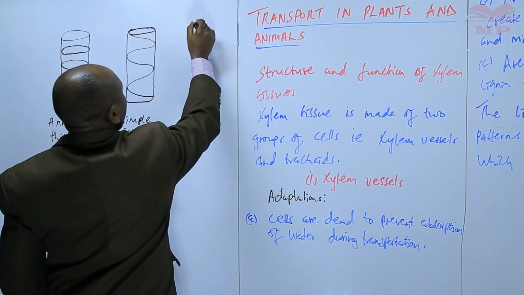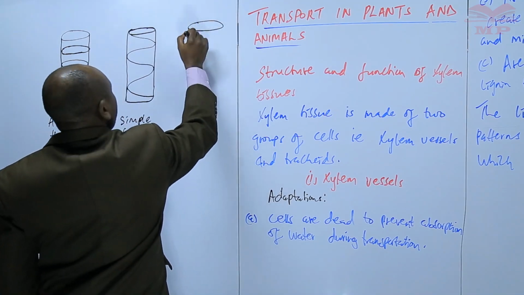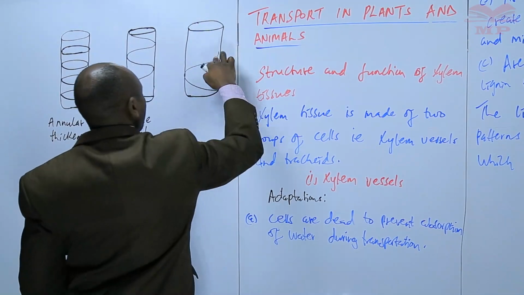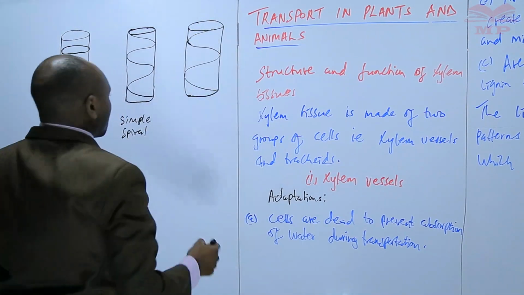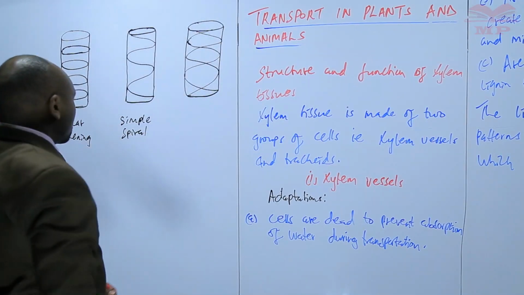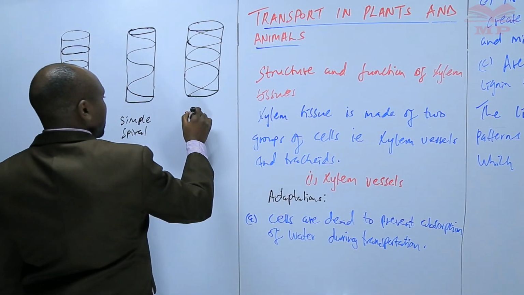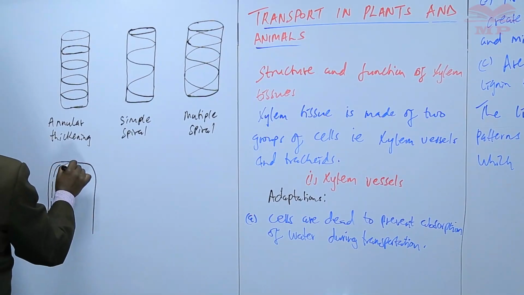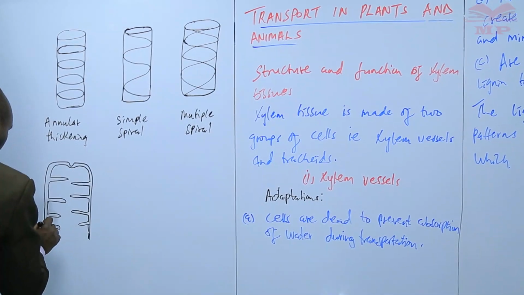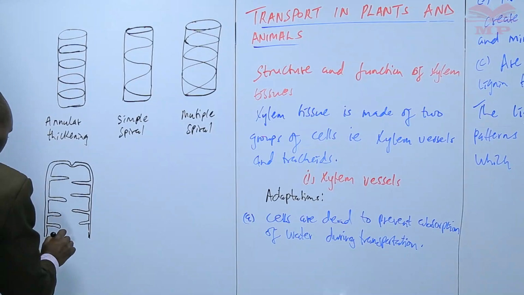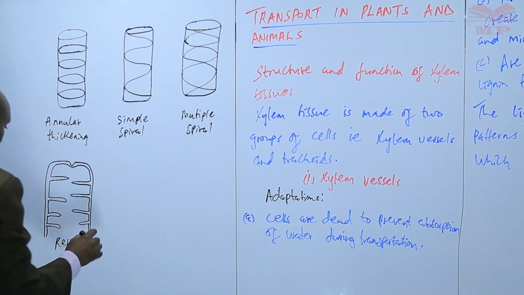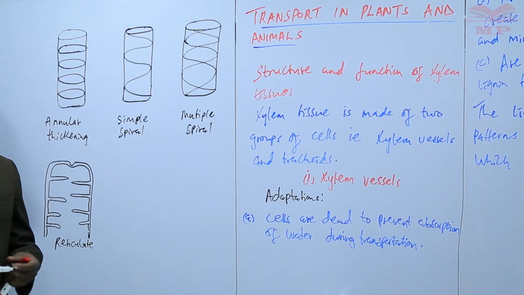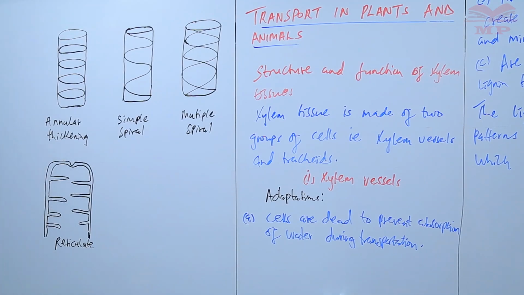Still have another one. So this one is called multiple spiral. So this is called reticulate. It's called a reticulate thickening.